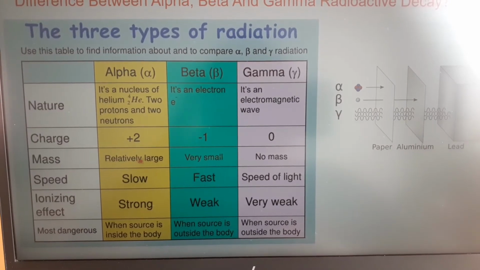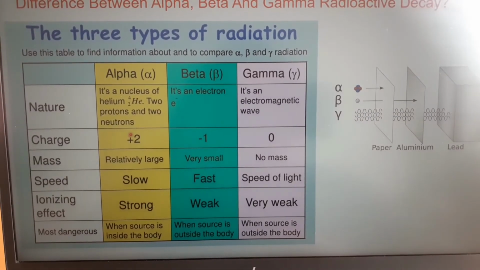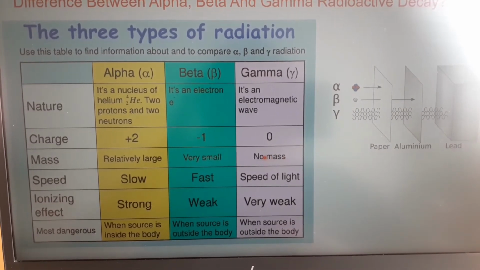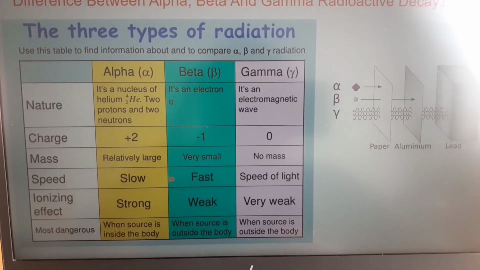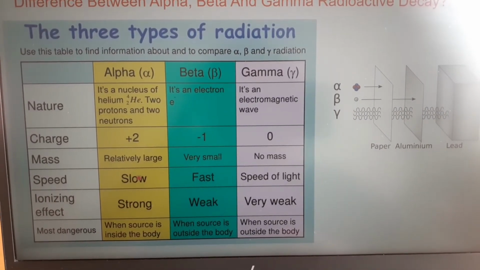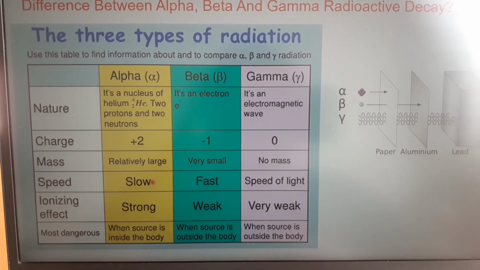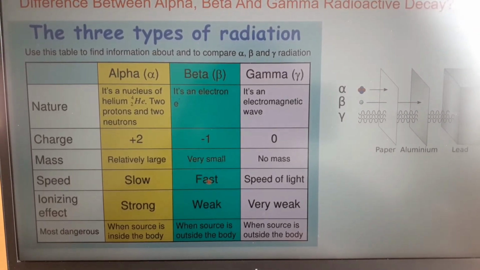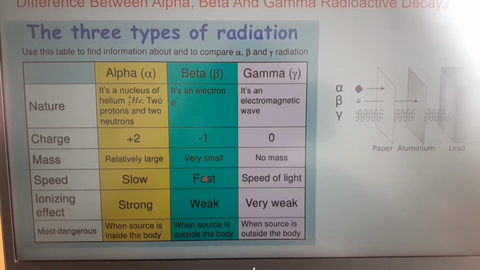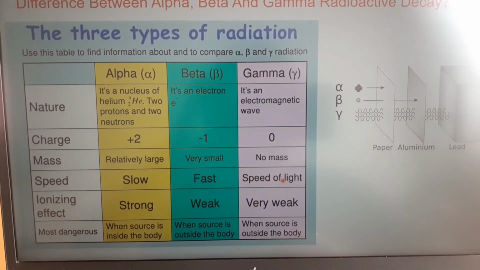The mass is relatively large for alpha because it's a helium atom, very small for beta, and there is no mass in gamma radiation. The speed is very slow for alpha particles because the mass is heavy, whereas for the beta particle the mass is very small, that's why it has fast speed, and gamma radiation travels at the speed of light, which is very high.